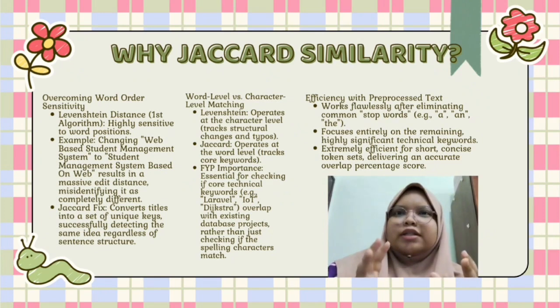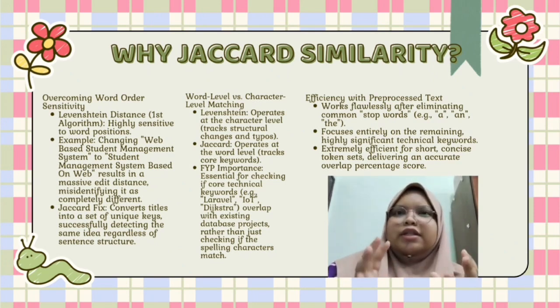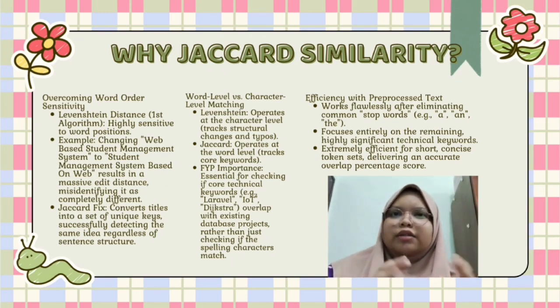The efficiency with pre-processed text: it works flawlessly after eliminating common stop words like "a" and "the". It focuses entirely on the remaining highly significant technical keywords. It is extremely efficient for short, concise token sets, delivering an accurate overlap percentage score.